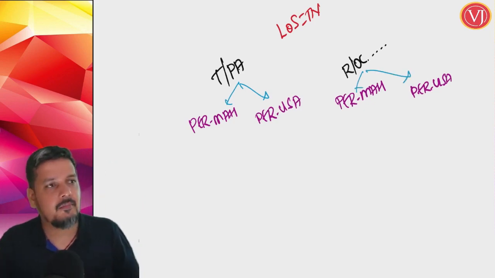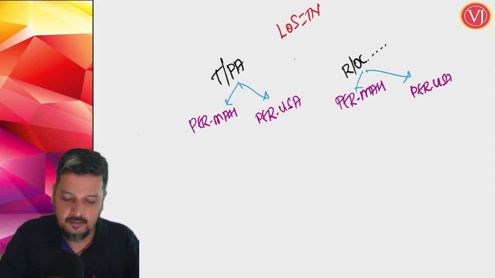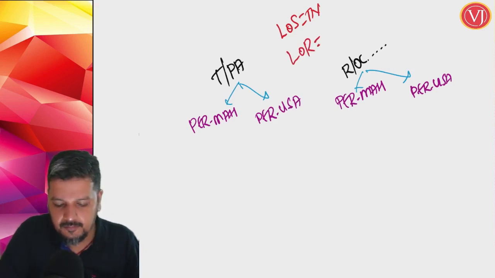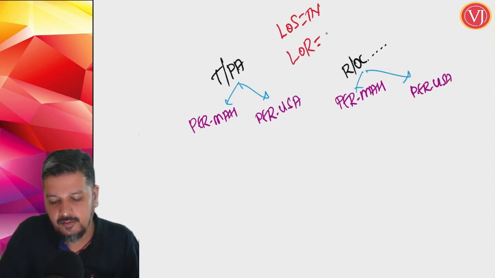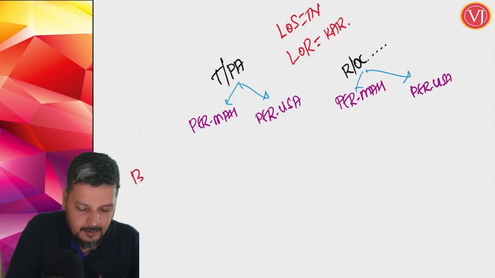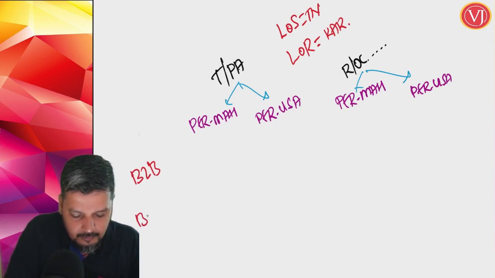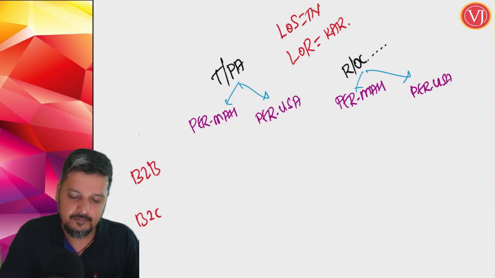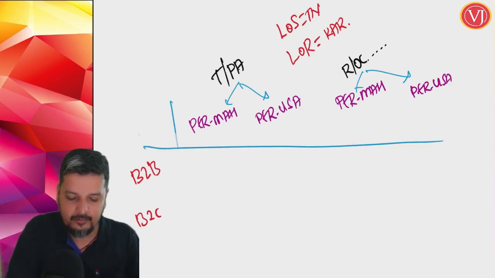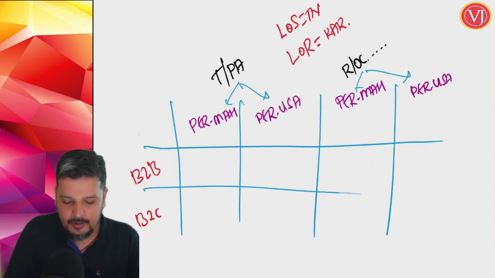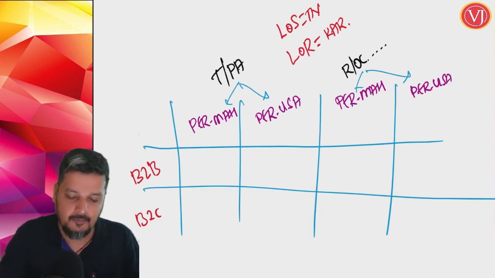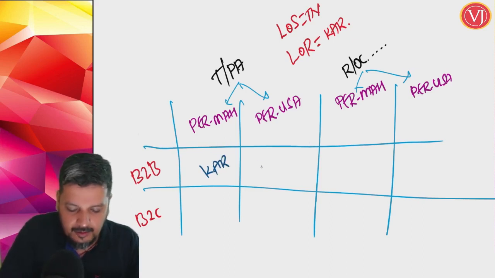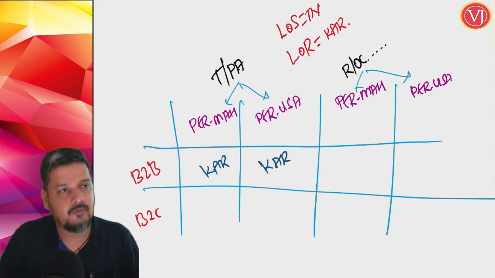Now, where is the place of supply? Location of recipient is, say, Karnataka. B2B case, B2C case. If it is a B2B case, for training and performance appraisal, the answer will be Karnataka.